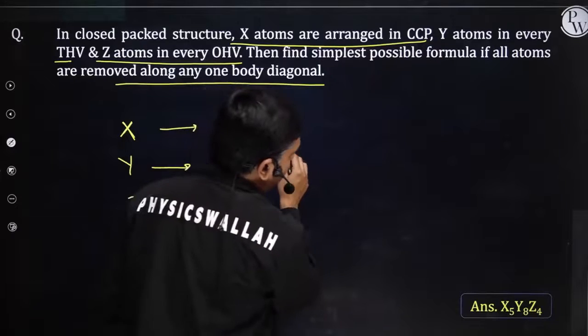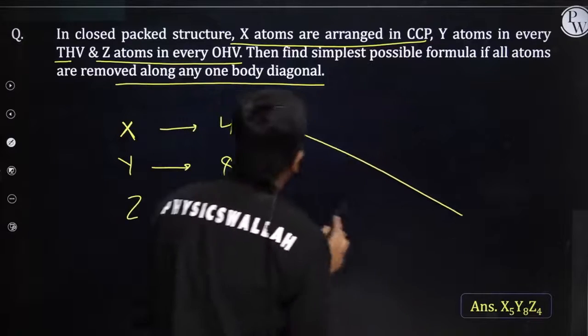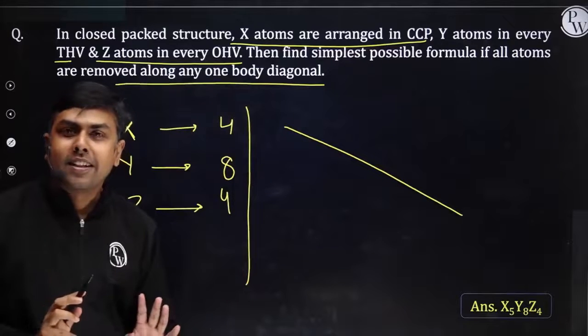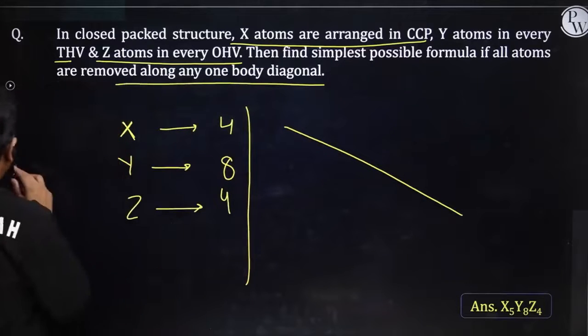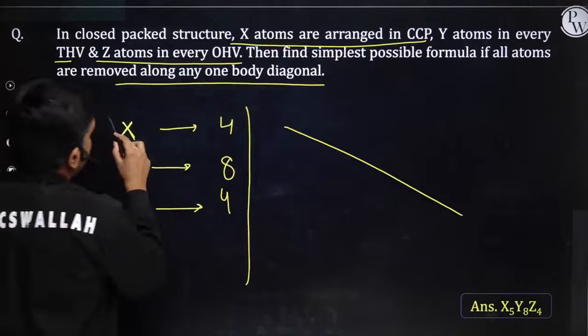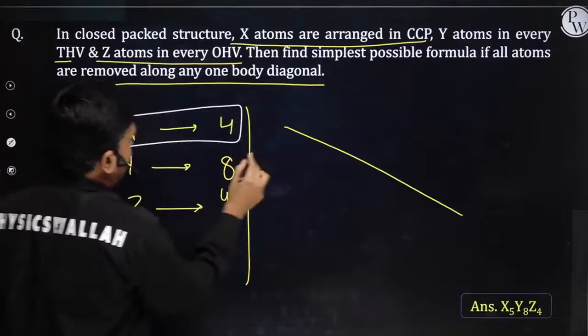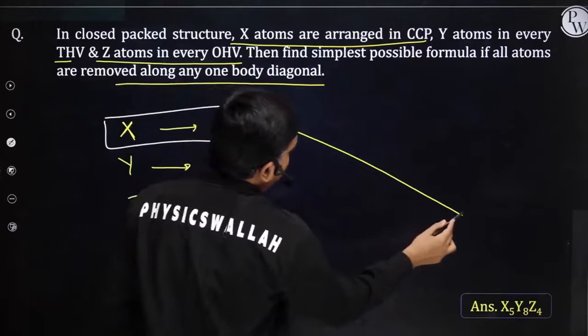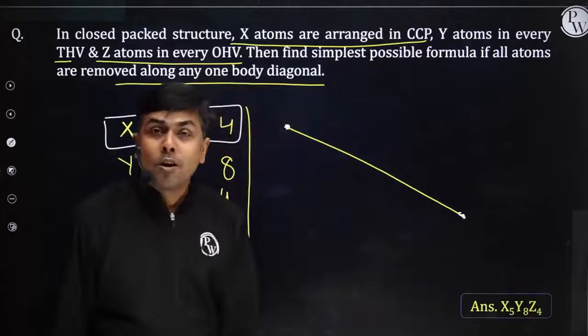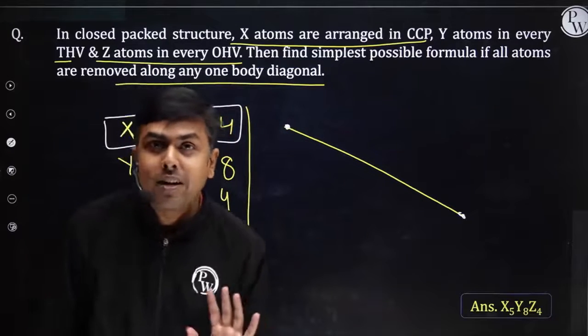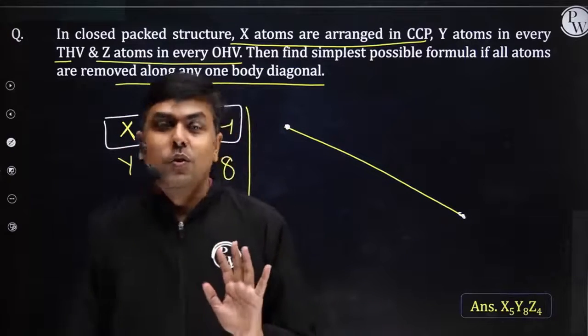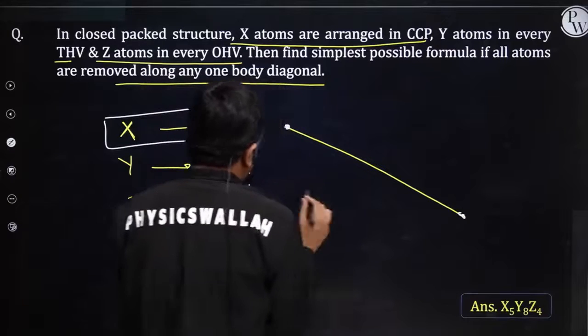Now, atoms are removed along the body diagonal. So if I talk about this X, will there be any loss? Yeah. There are 2 corner atoms, each corner having a contribution of 1 by 8. How many corner atoms are now remaining? 6 only. So what's the effective number of X?